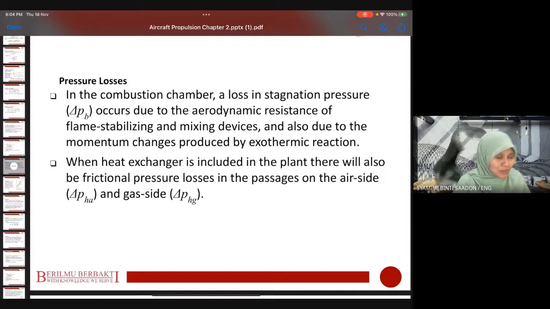So we continue regarding the methods of accounting for component loss in a gas turbine cycle. Before this, we have seen factors affecting component loss.